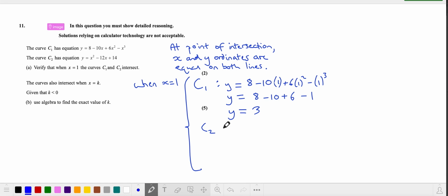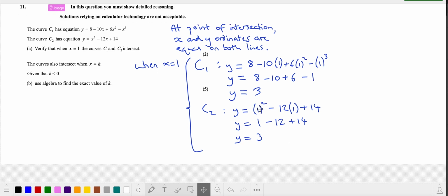Let's see what happens on curve 2. Y equals x squared minus 12 lots of 1 plus 14. One minus 12 plus 14, y equals 3.